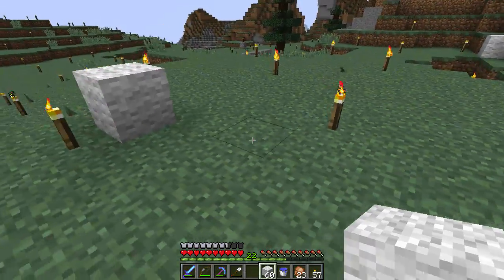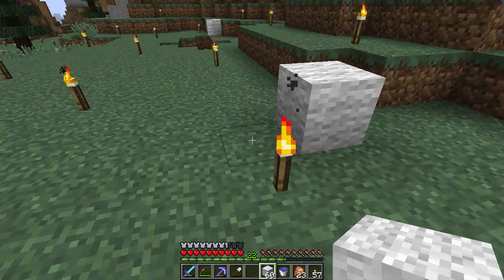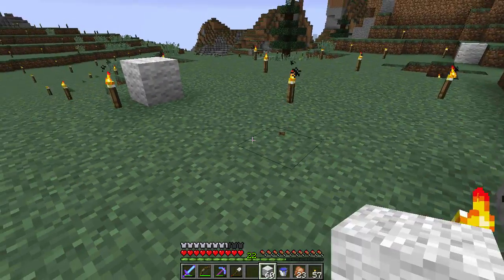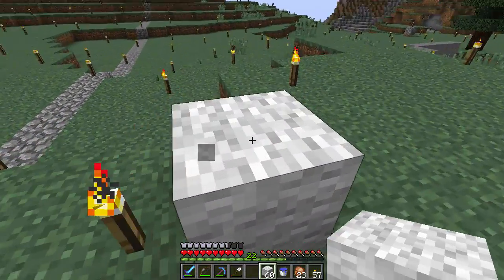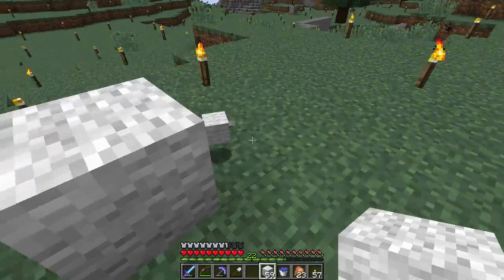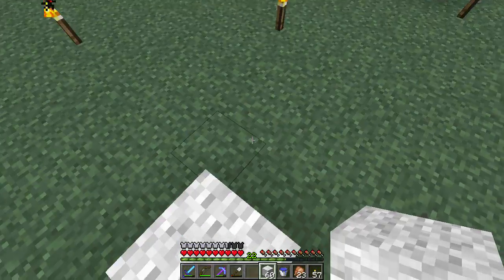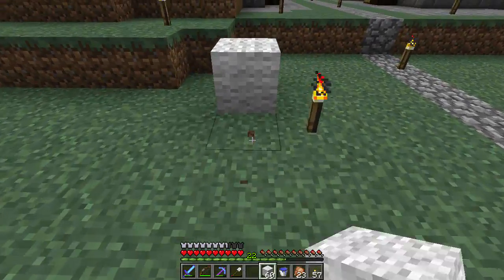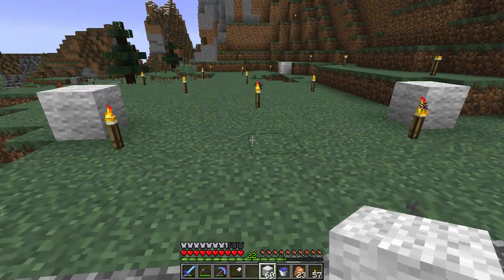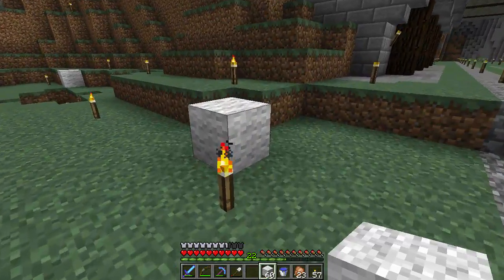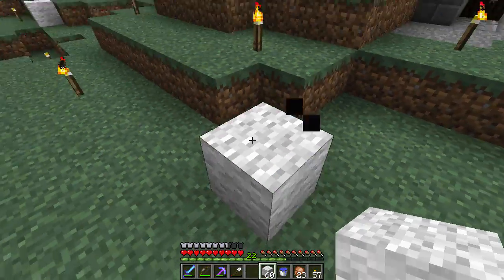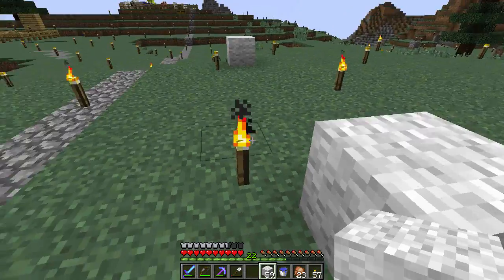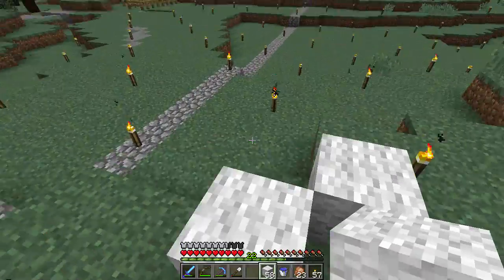So 7, this will create a 1, 2, 3, 4, 5, 6. Oops, I did this wrong. 1, 2, 3, 4, 5, 6. Oh, I put it in the 7 spot. I needed to move it over 1. Okay, so if we put a corner there, 1, 2, 3, 4, 5, 6, 7. Yeah, that's good. So let's say we make this an outside corner one, it's going to be like that.